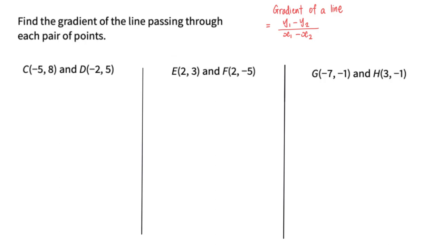So every time Mr. Tan does this type of question, I would actually label the points. Okay, so in this case here, I will have my x1, y1, and my x2, y2 coordinates.